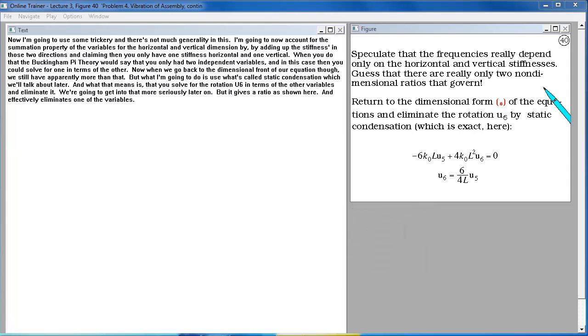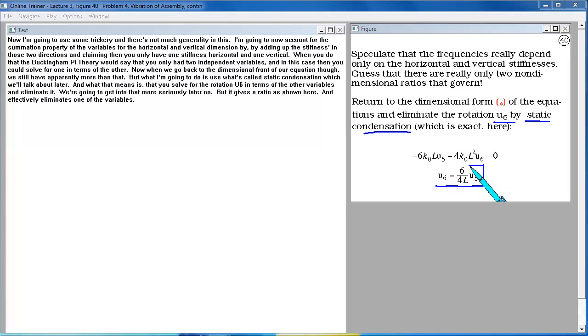Now, when we go back to the dimensional form of our equation, though, we still have apparently more than that. But what I'm going to do is use what's called static condensation, which we'll talk about later. And what that means is that you solve for the rotation u6 in terms of the other variables and eliminate it.